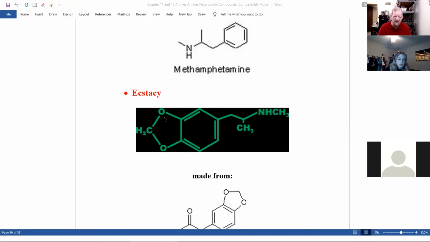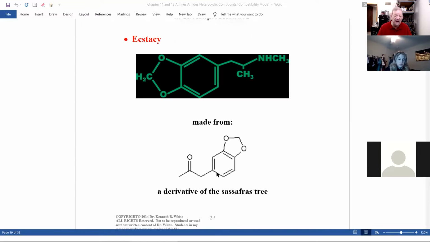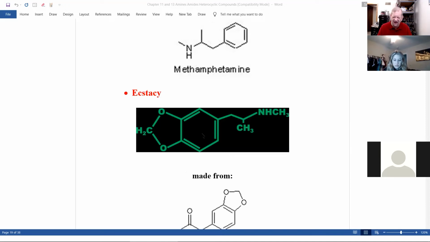That's what the CH2 oxygens to the benzene ring. And it's made from, and I'm not going to show you how, a derivative from the sassafras tree. And guess what? The government long ago learned anybody who buys this, and it's even hard to buy it, is trying to make ecstasy.